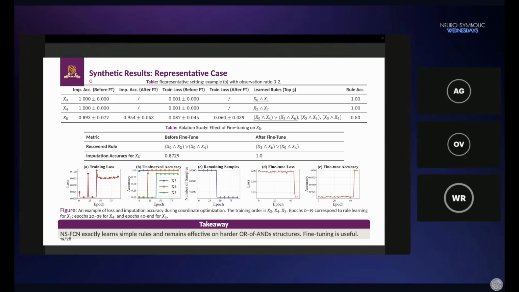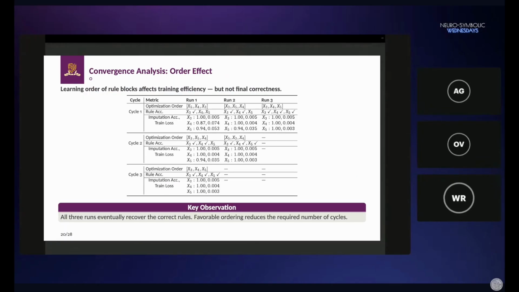So that is how sequential covering works for our method. So that is our whole example. And you can see our method can exactly learn the simple rules for X3 and X4, and is also very effective for the offhand structures for X5.